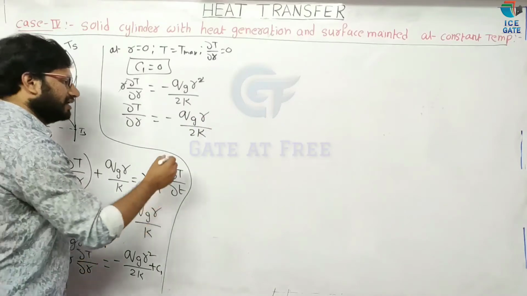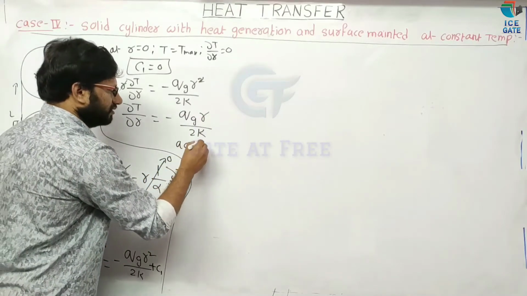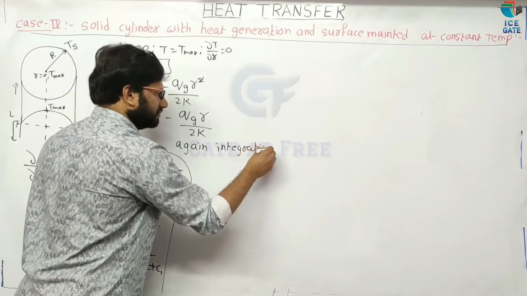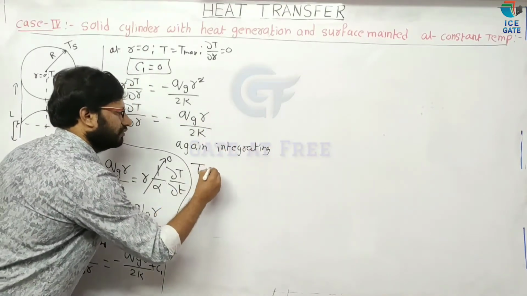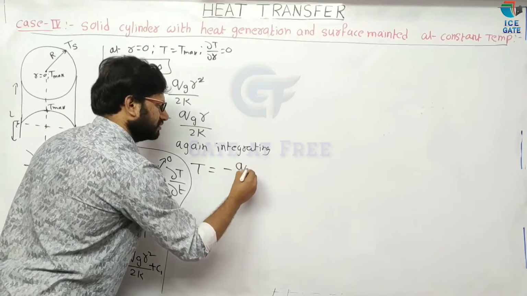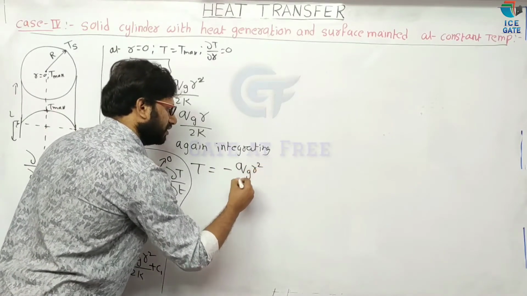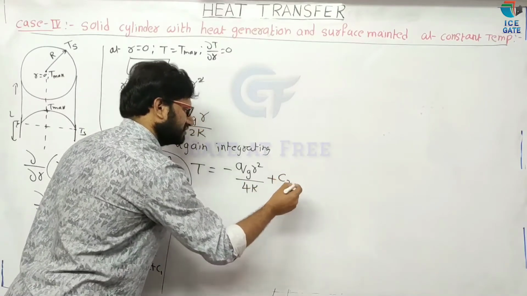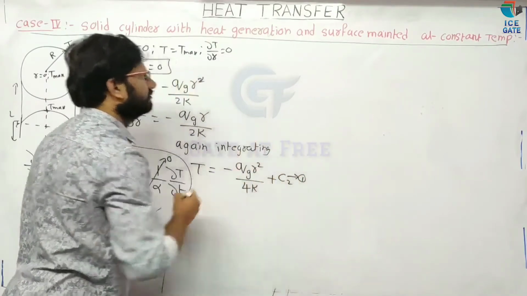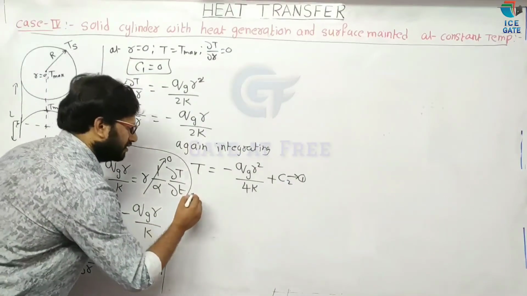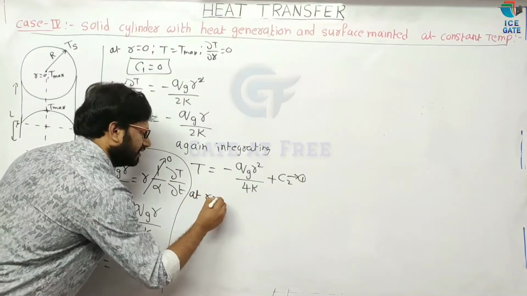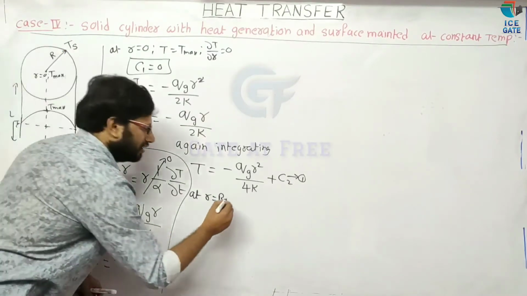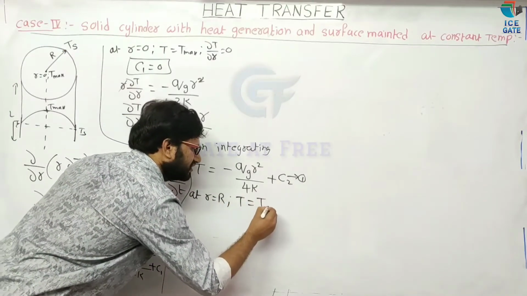Okay. Now again integrating, we get T equal to minus qg r square divided by 4k plus C2. Now make this equation 1. Now take another boundary condition at r equal to capital R, at our outer radius, T equal to surface temperature Ts.